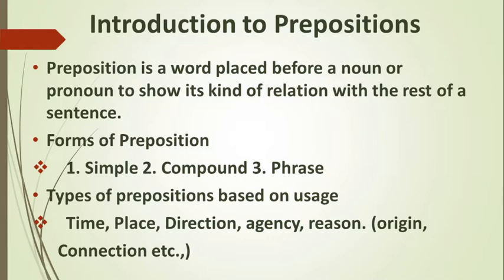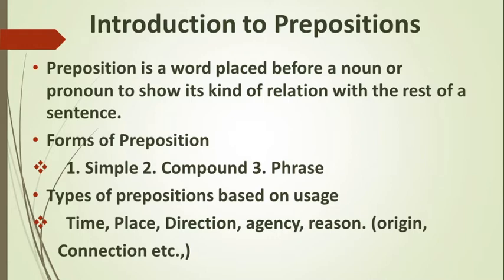Next one is the preposition of direction or movement. Prepositions of direction or movement describe how, where, or in what way something moves. For example, to, from, above, over, along, across, through, towards, etc. Next one is prepositions of agency.